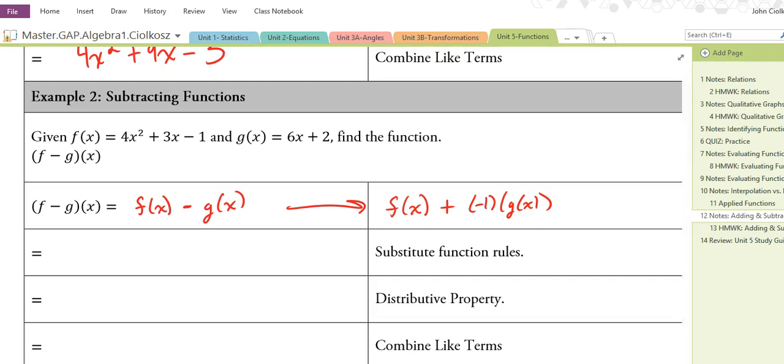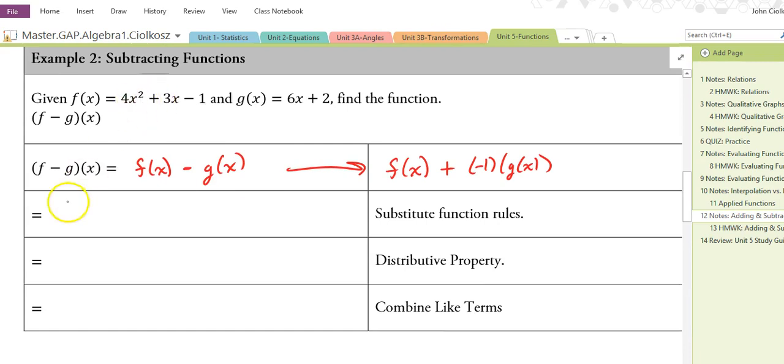So here, let's plug in. So f of x stays the same. And then I'm going to use this part, so plus negative 1 g of x. If we now distribute, the first one's staying the same.